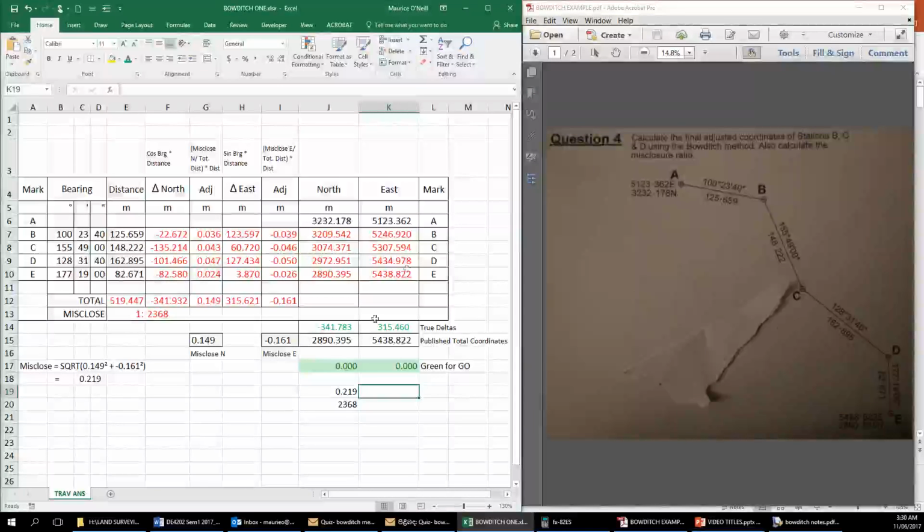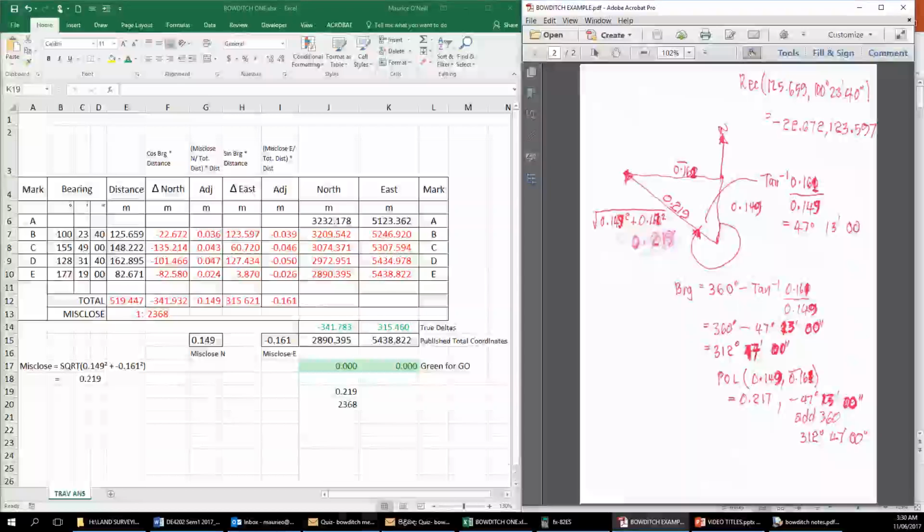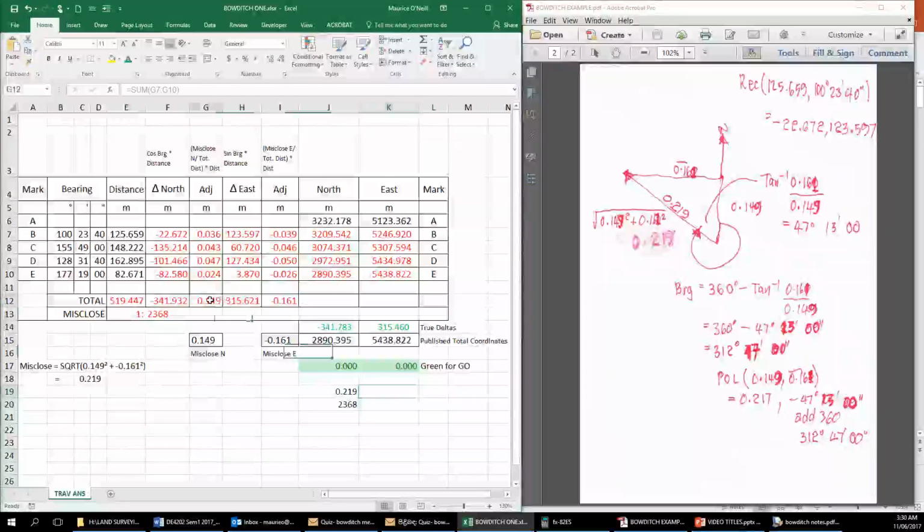Now, of course, we want to work out the misclose. Now, the misclose is quite simple, really. These are our corrections here.